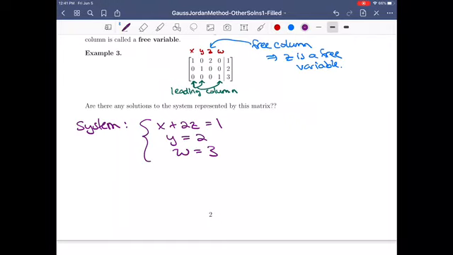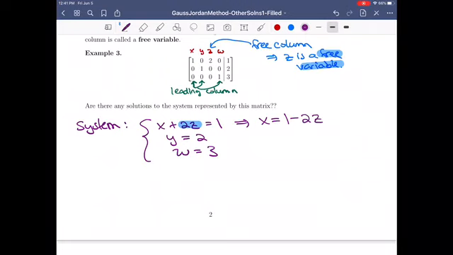What we normally say is that because z is the free variable, we can figure out the solutions depending on that variable. So I'm just going to rearrange this first equation and solve for x. So x would have to be 1 minus 2 times whatever z is. y and w here are already determined, so it doesn't actually matter what z is.